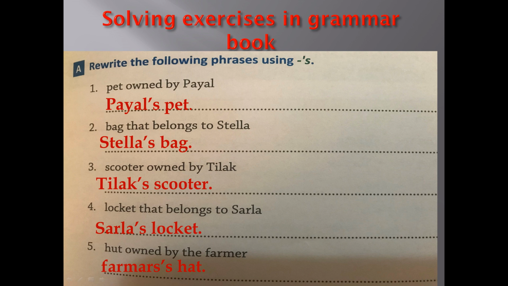Tilak apostrophe S. The locket that belongs to Sarala. Sarala has a locket, so we say Sarala's locket. Sarala is the name of a girl and it's a singular noun, so it will be Sarala's locket.